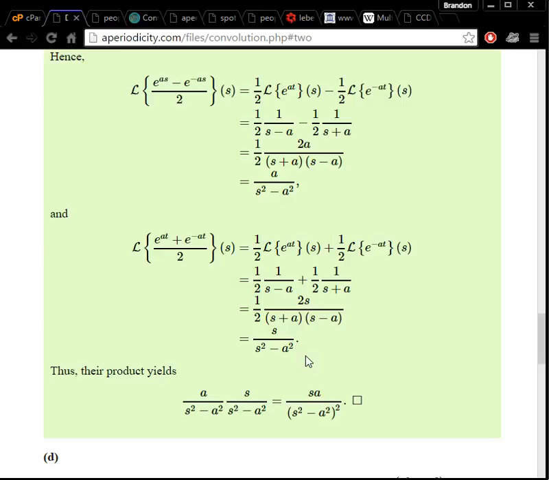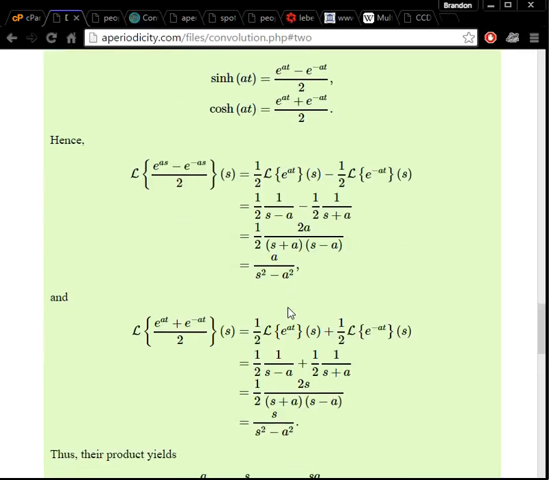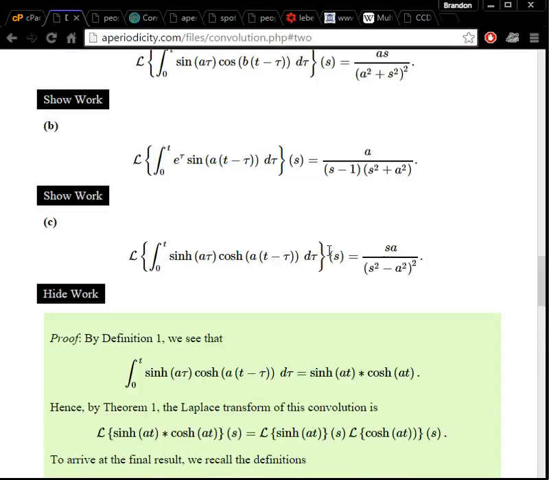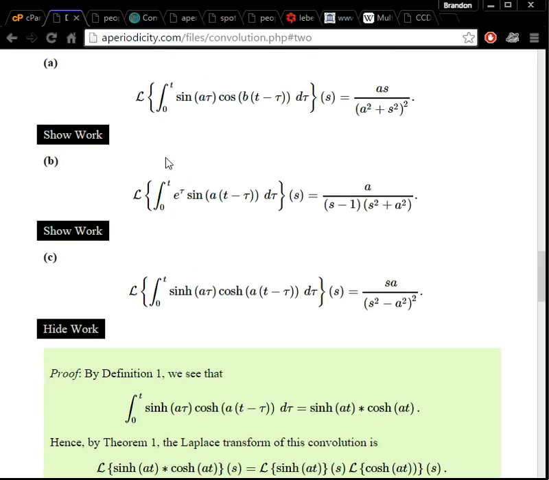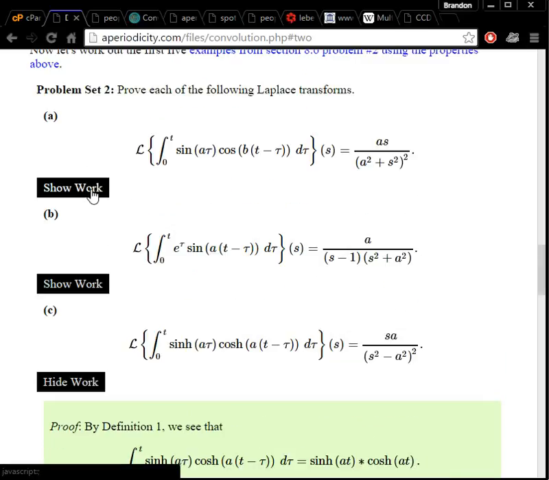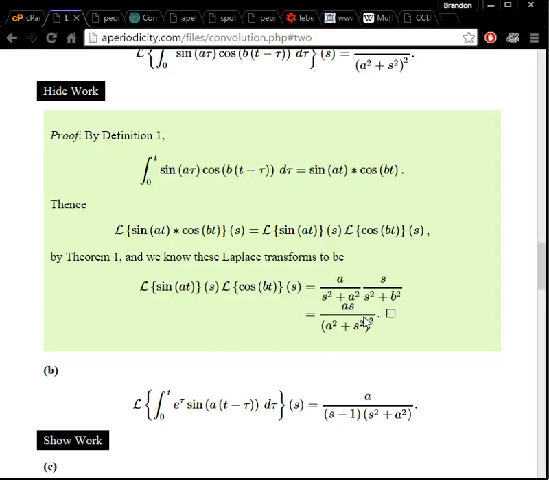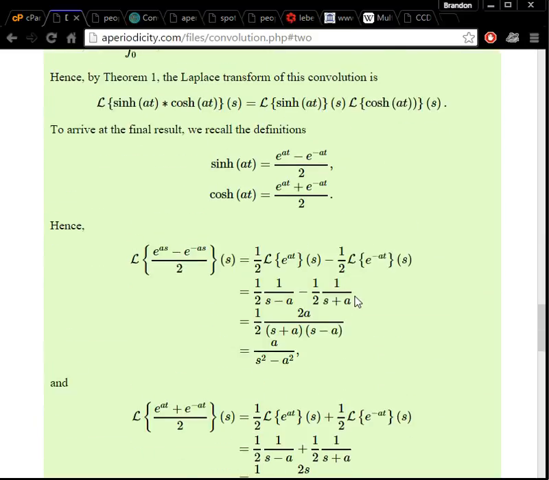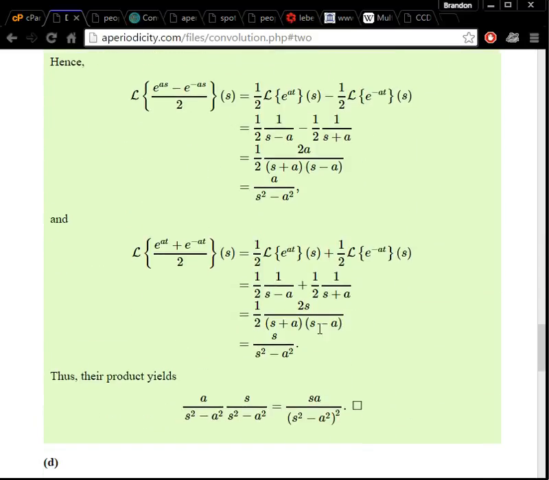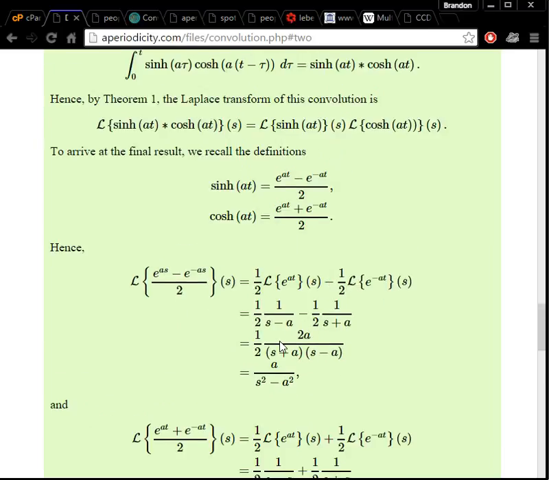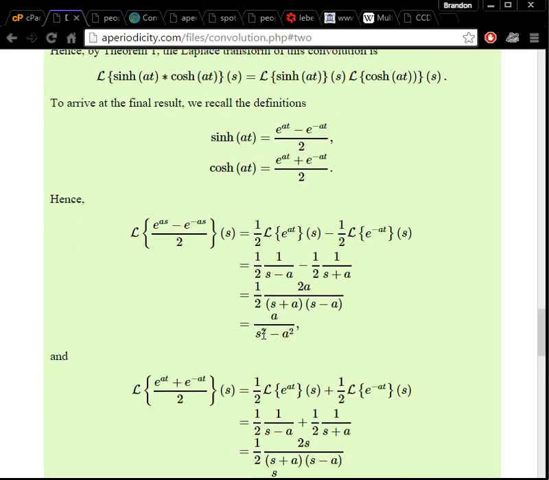So it's virtually the same thing, except we have an a on top of the sine, the hyperbolic sine, as with the regular sine, as we saw in examples A and B. So with the regular sine, we end up at an a over s squared plus a squared, and with the hyperbolic sine, we end up with an a over s squared minus a squared.